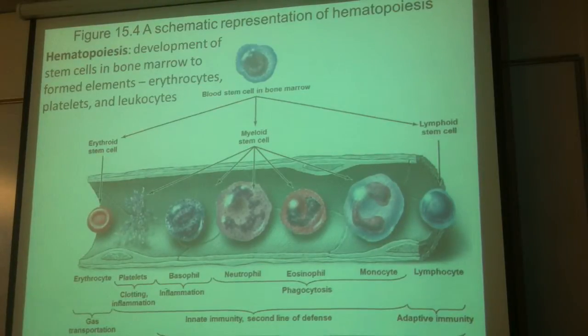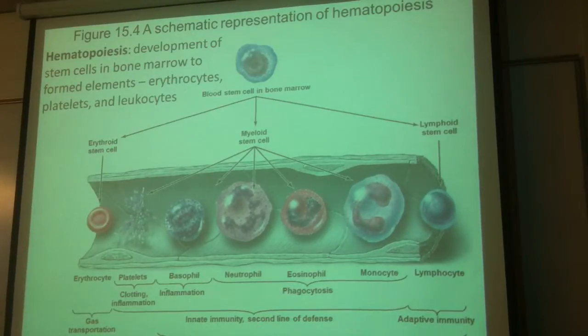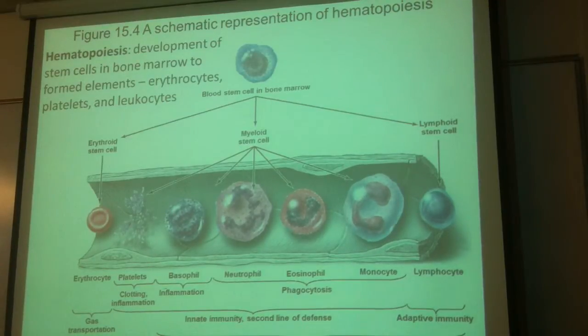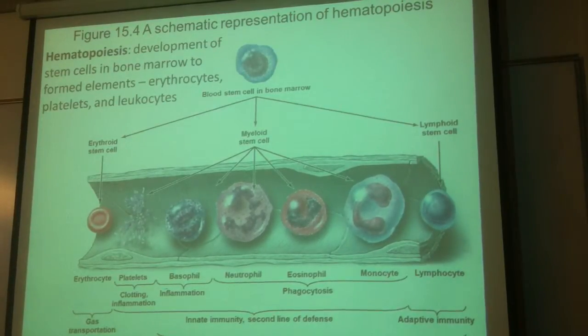Bacterial diseases also show increased leukocytes and neutrophils, and viral infections show increased lymphocytes. So we're looking at what's going on in the blood, and it tells us what's going on.